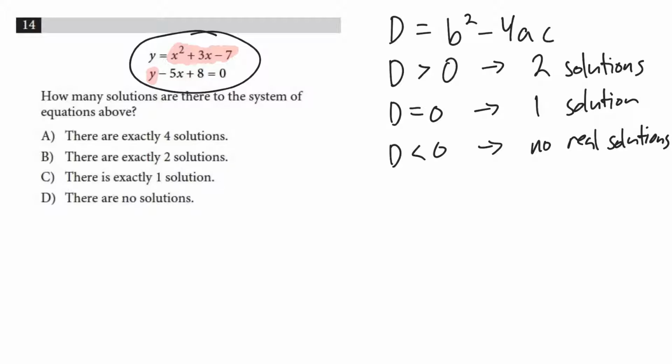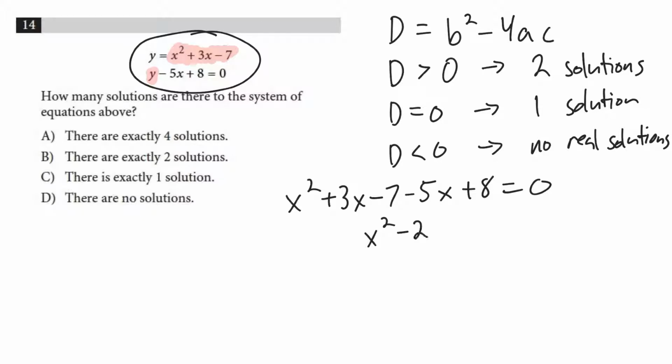So what I'm going to get is x squared plus 3x minus 7, and then minus 5x plus 8 equals 0. If I combine like terms, I get x squared, and then 3x minus 5x is negative 2x, and then negative 7 plus 8 is plus 1.